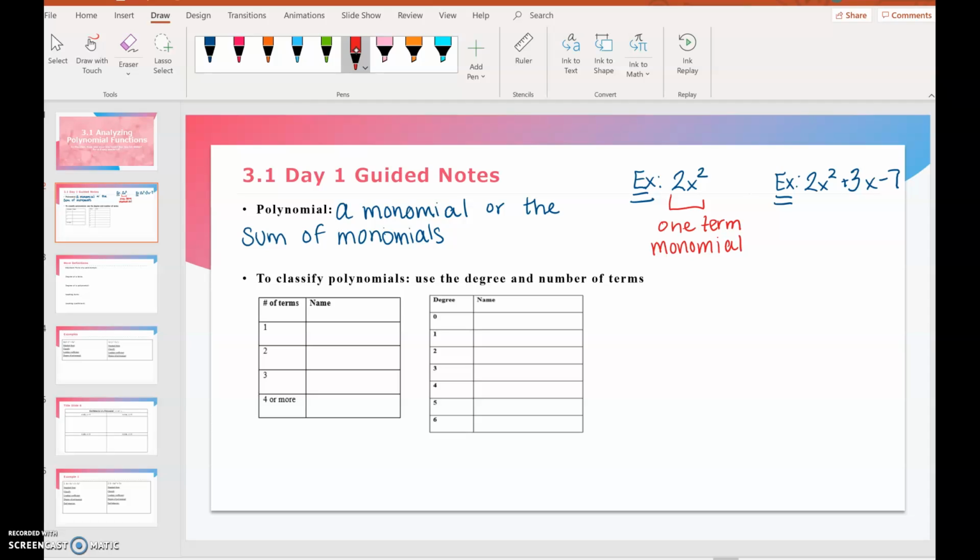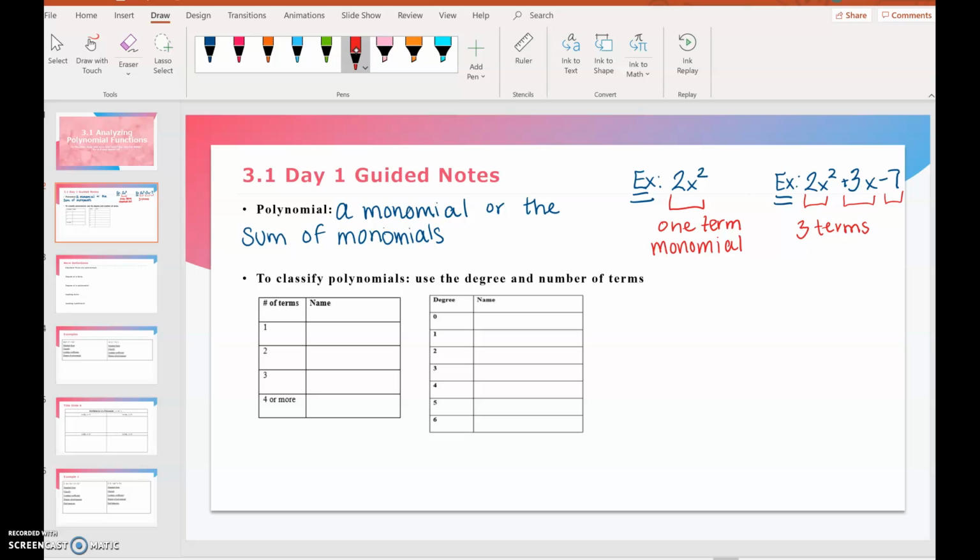And then here, this 2x squared plus 3x minus 7, this right here we said is one term. Here would be a second one, and this would be a separate one again, and they're all being added or subtracted. This would be a polynomial with 3 terms. But it's still a polynomial because they're sums.